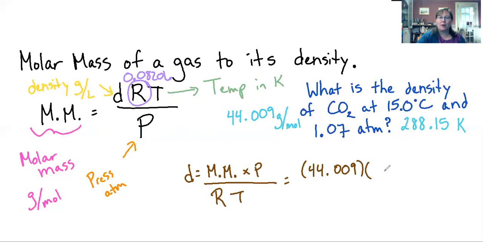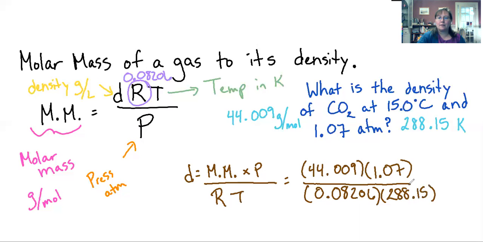So that's 44.009 times our pressure of 1.07 all over R, 0.08206, times temperature, 288.15 kelvins. Now I type that into my calculator, 44.009 times 1.07 divided by 0.08206, and then divided by 288.15.